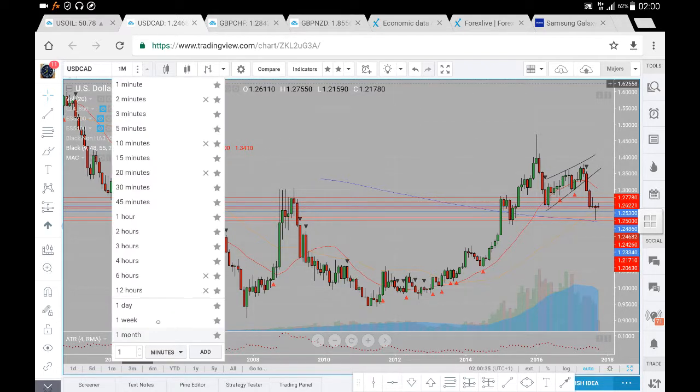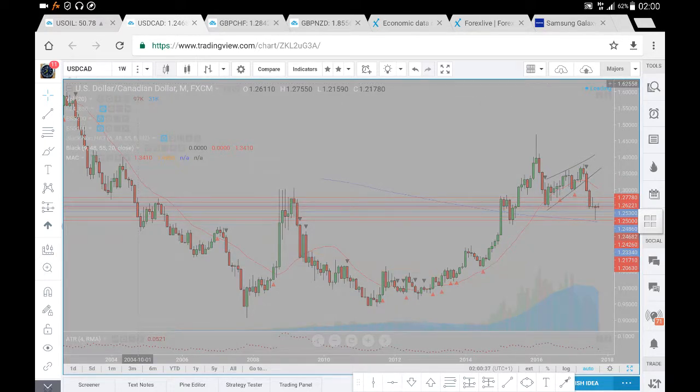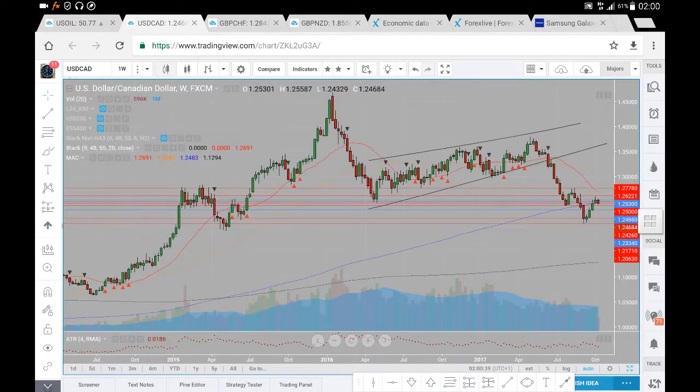So let's have a look at the weekly time frame, see where we are, see if there is anything of interest. Okay, so on this weekly time frame we had 4 consecutive weeks of bullish price action, and we've come all the way up into this 200-period moving average, currently sitting at 124.83.